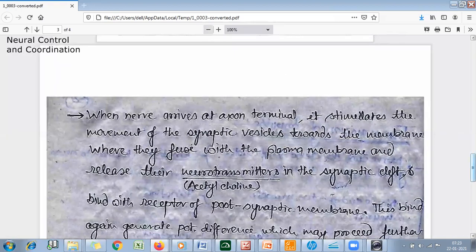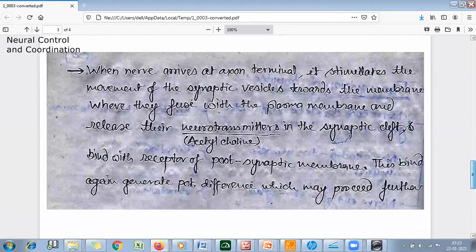So there are some facts. When a nerve impulse arrives at the axon terminal, it stimulates the movement of synaptic vesicles towards the membrane, where they fuse with the plasma membrane and release their neurotransmitter.